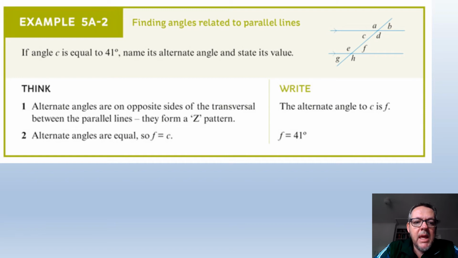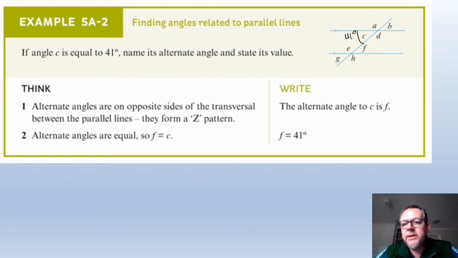Now if we go to angle C, what do we know? We've got a variety of different angles there, so you need to select the right one. So if angle C is equal to 41 degrees, name its alternate angle.